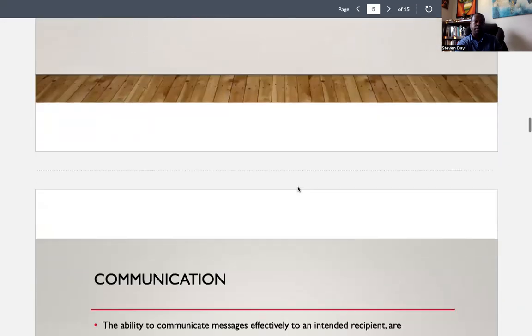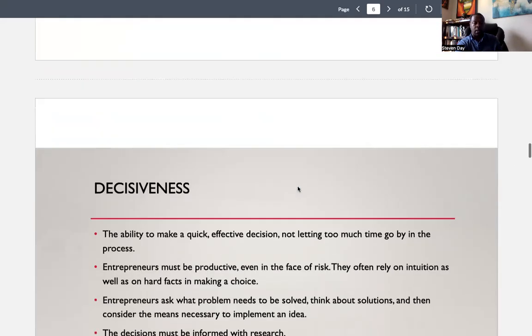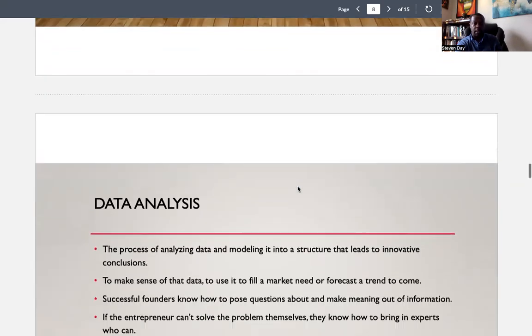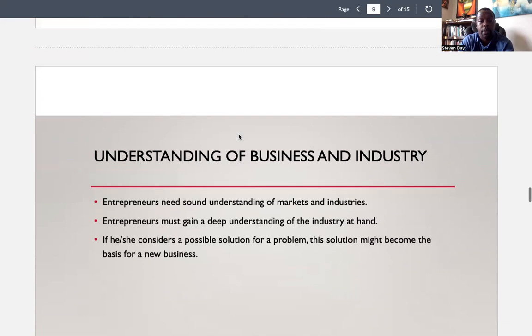So communication, of course, the ability to communicate, decisiveness, being able to make the decision, being able to analyze data, to put that data into an interpretable way that people can use the data and make decisions from the collection of the data.